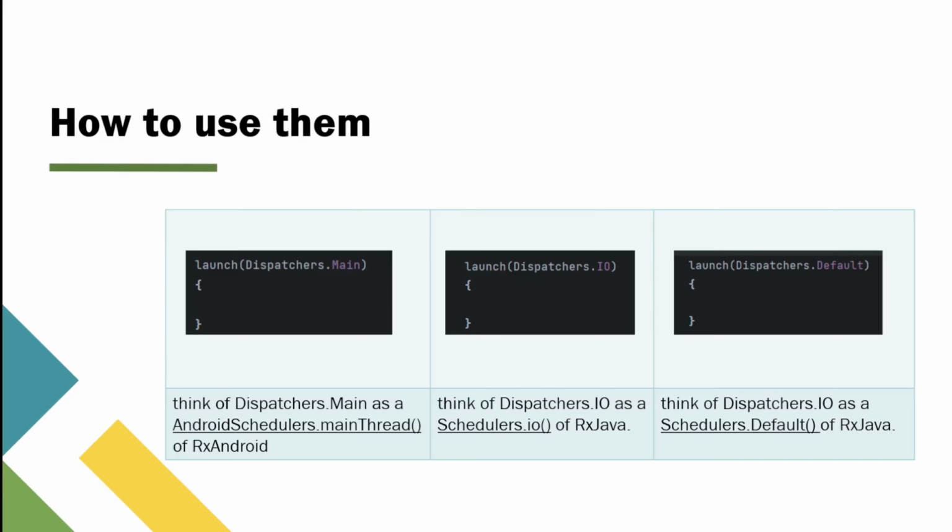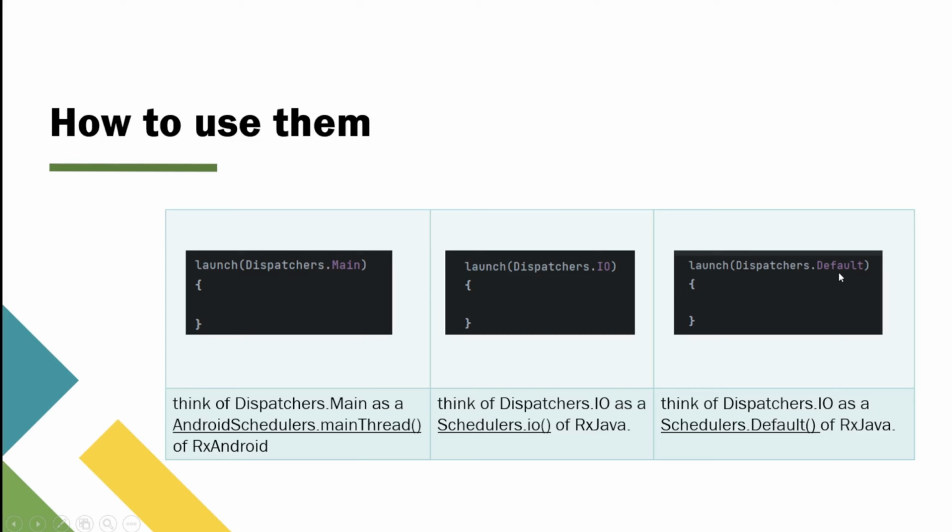So this is how you're going to make use of the dispatchers. Assuming you have used any kind of scope, be it GlobalScope, viewModelScope, or lifecycleScope, dot launch. So this is launch, which tells that you are going to launch the coroutine, and in the parameter you will pass the type of dispatcher: Dispatchers.Main, Dispatchers.IO, Dispatchers.Default.